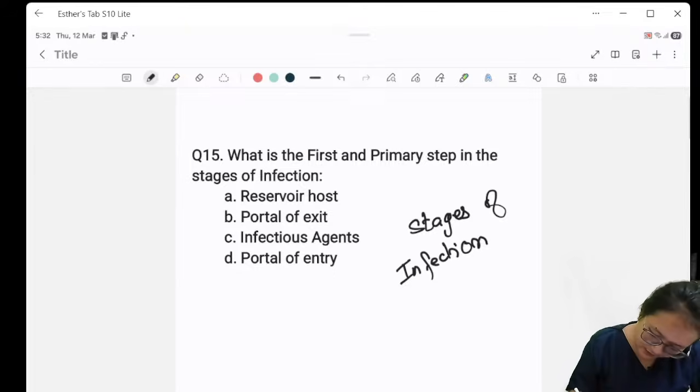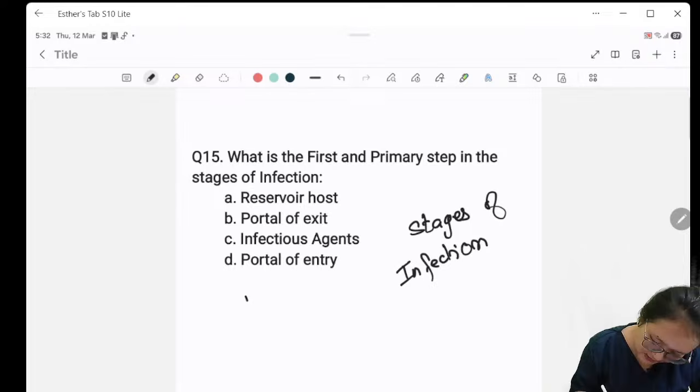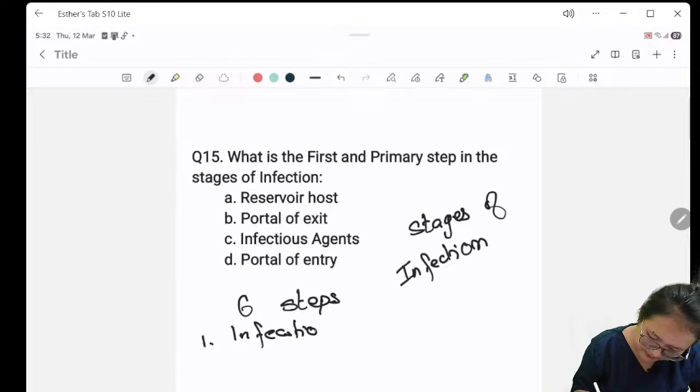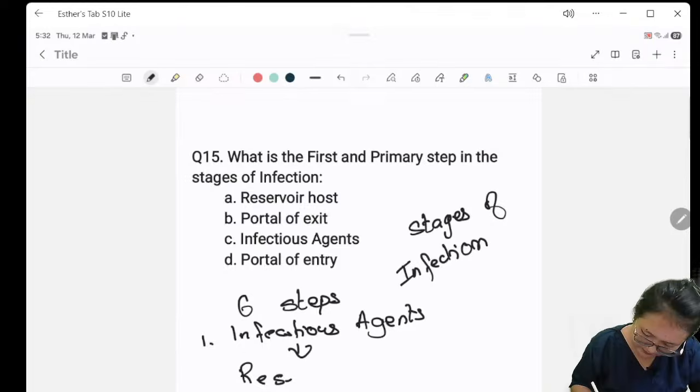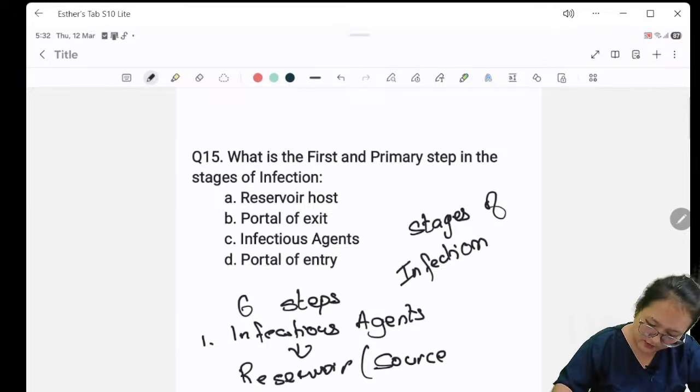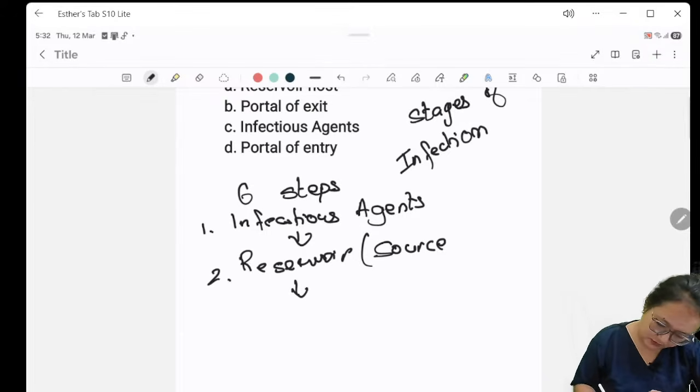In the chain of infection, we have six steps, right? First is infectious agent. Then we have reservoir, the source. Then third, portal of exit.